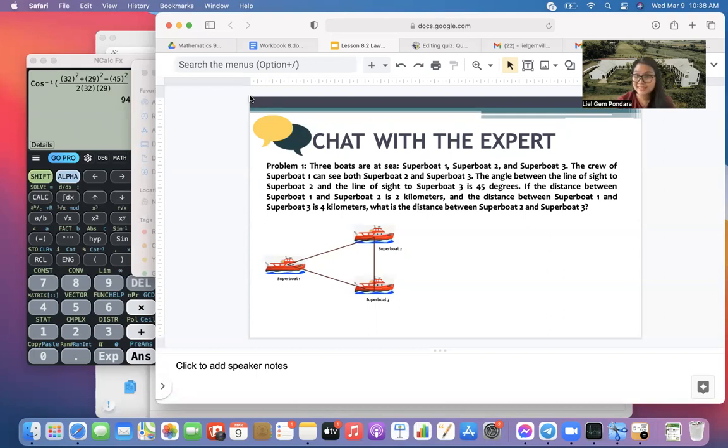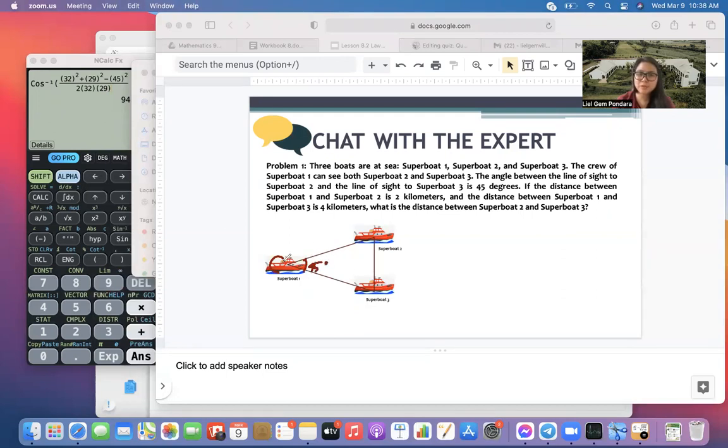3 boats are at sea. We have Superboat 1, 2, and 3. The crew of Superboat 1, this one, can see Superboat 2 and Superboat 3. The angle between the line of sight to Superboat 2 and the line of sight to Superboat 3, it means this angle, is 45 degrees.